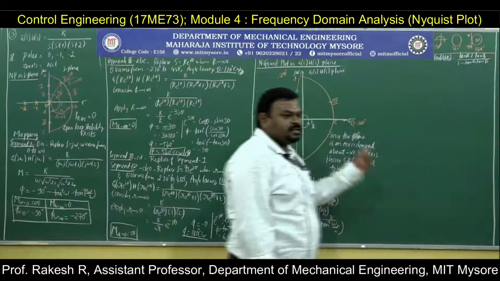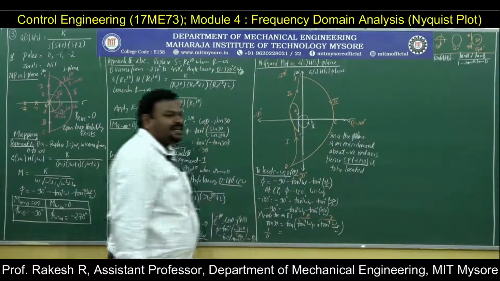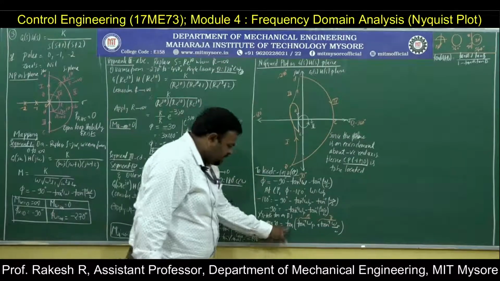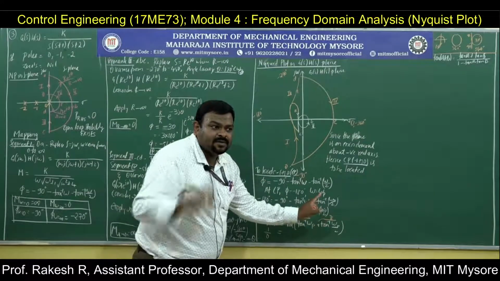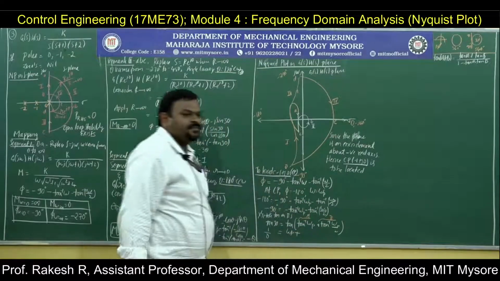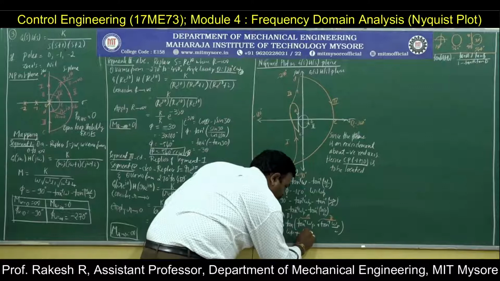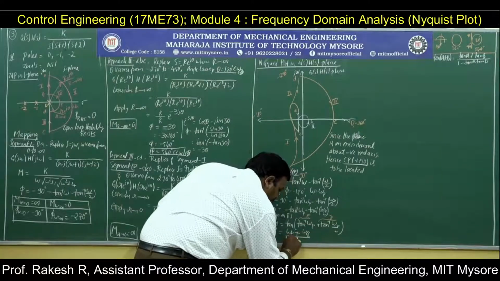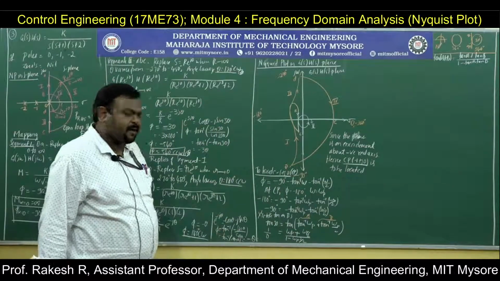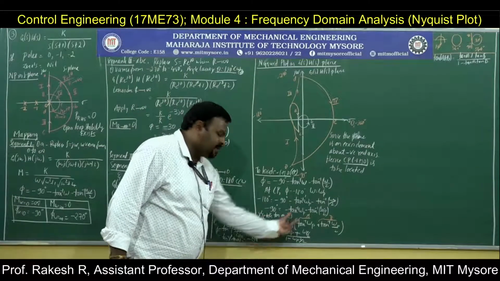This is the formula. Substituting it here, tan 90 is infinity, it is 1 by 0. Tan of tan inverse omega p cancels and gives omega p, plus tan b, which is omega p by 2, divided by 1 minus omega p square by 2. I take the denominator 1 minus omega p square by 2 equal to 0.